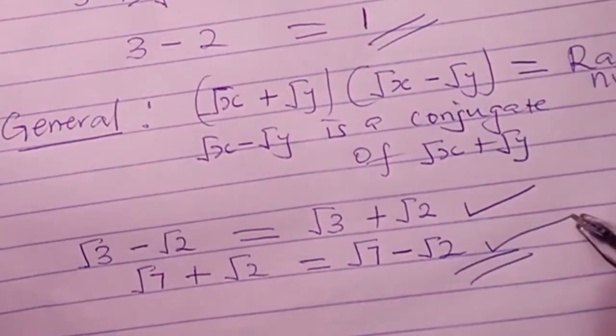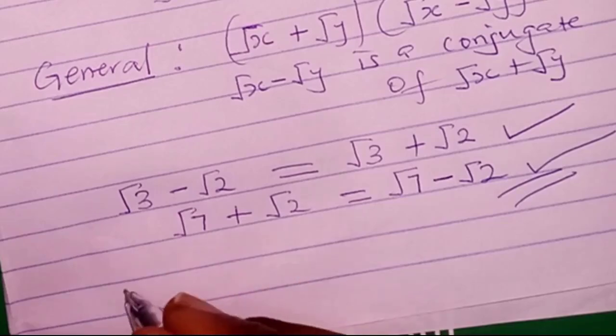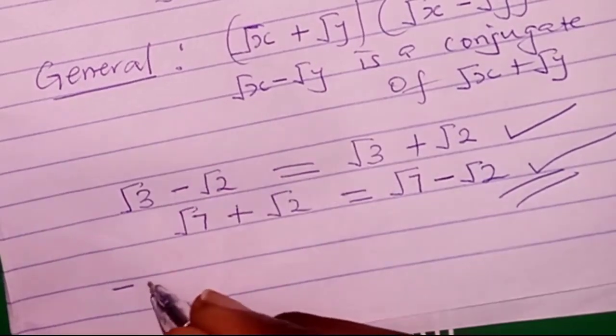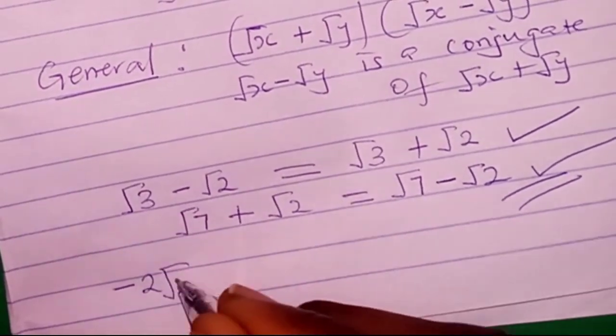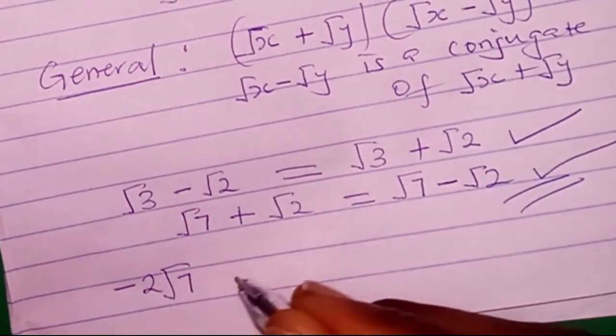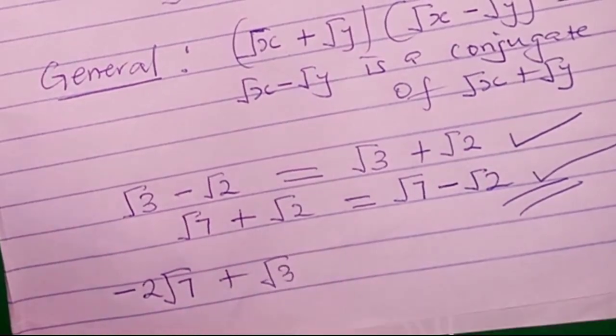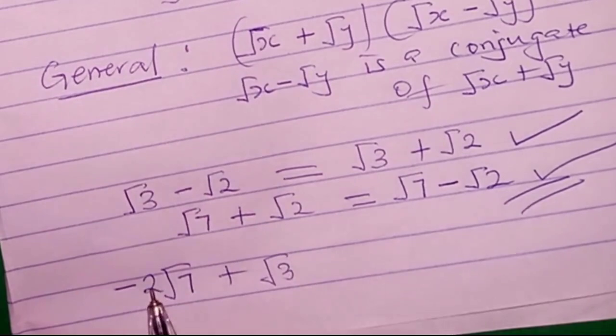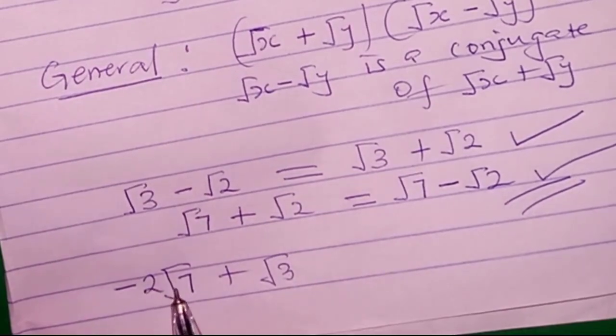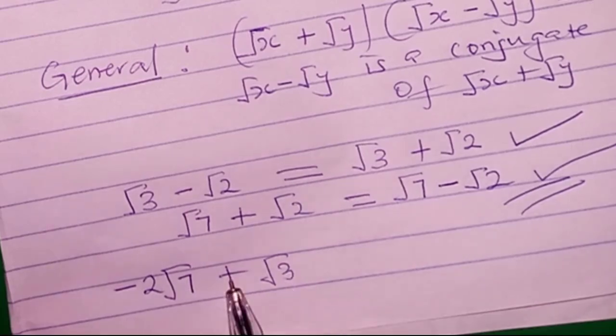This is correct. How about this? Let me say minus 2 root 7 plus root 3. What's the conjugate surd of minus 2 root 7 plus root 3? The only difference is going to be the sign. You change this plus to minus.